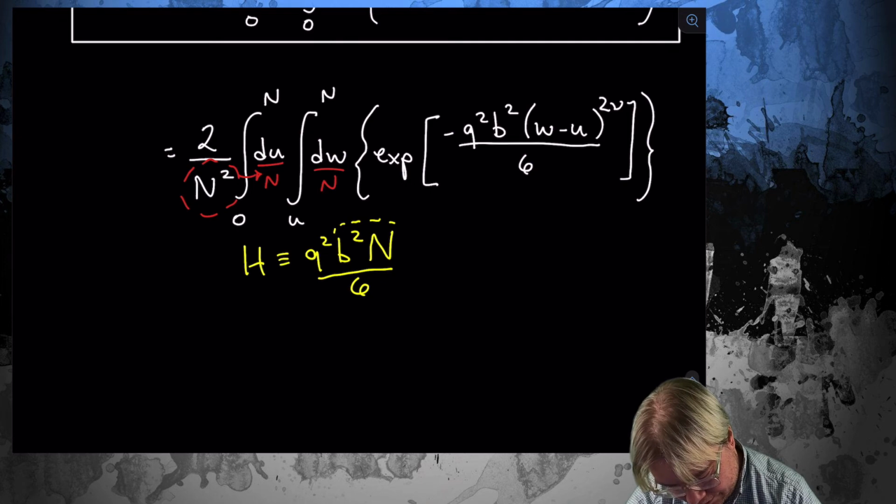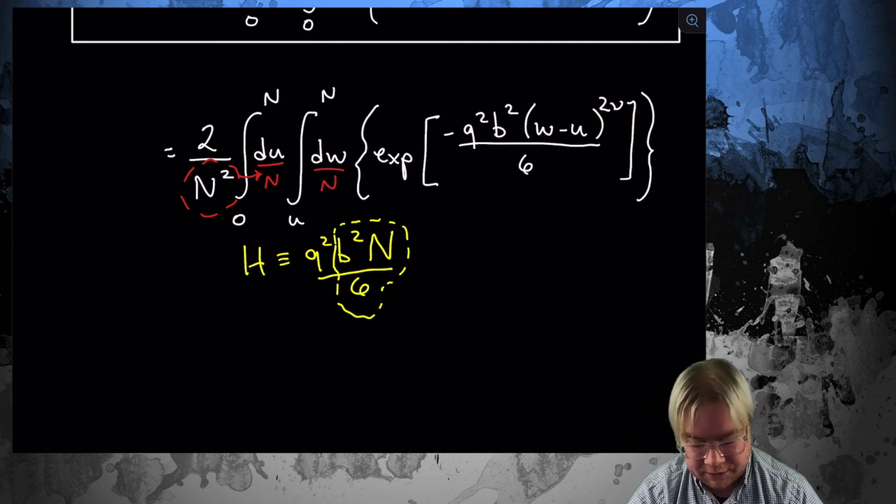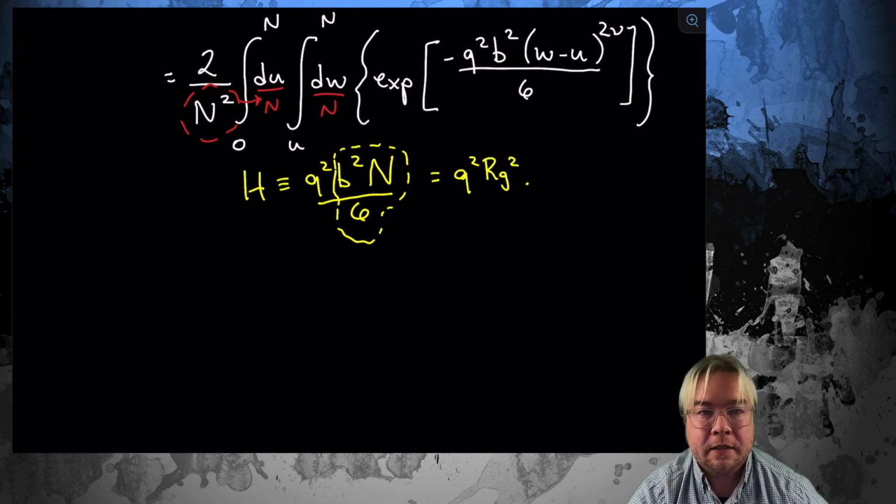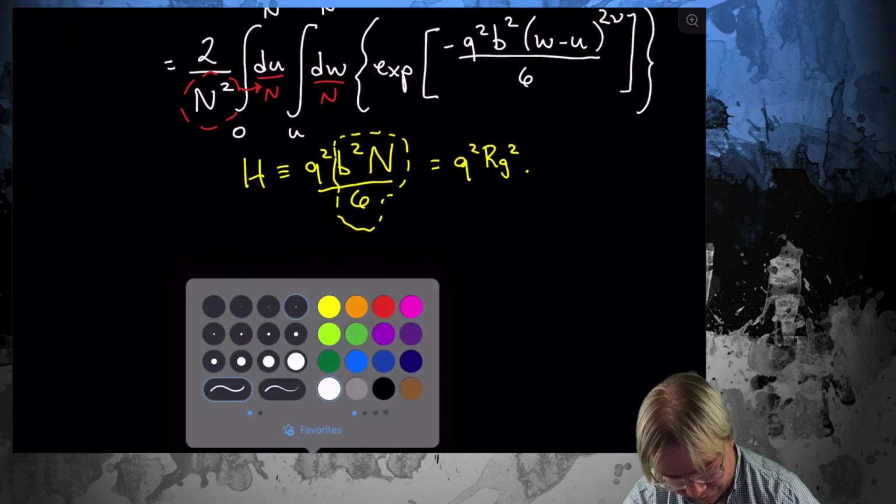And if you look, that's the definition of Rg squared. So this is the same thing as q squared Rg squared. Okay, so this is going to simplify this a little bit.